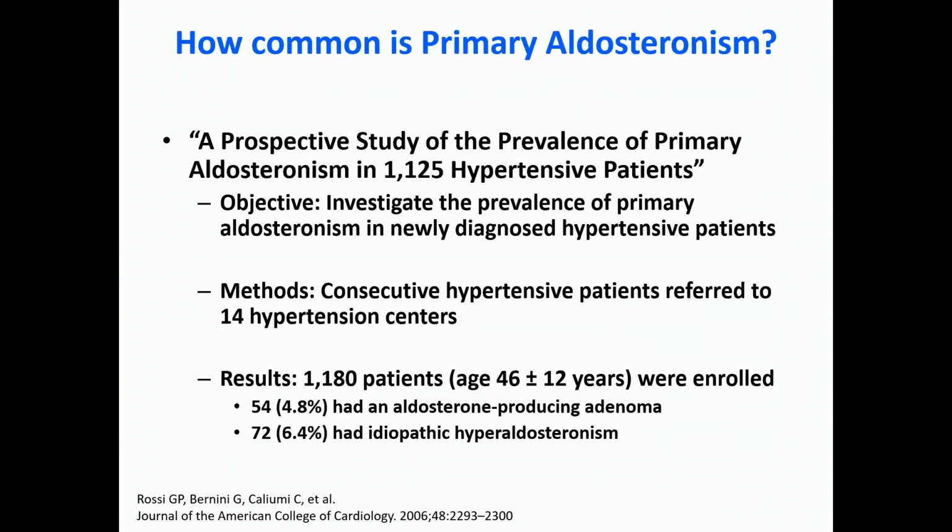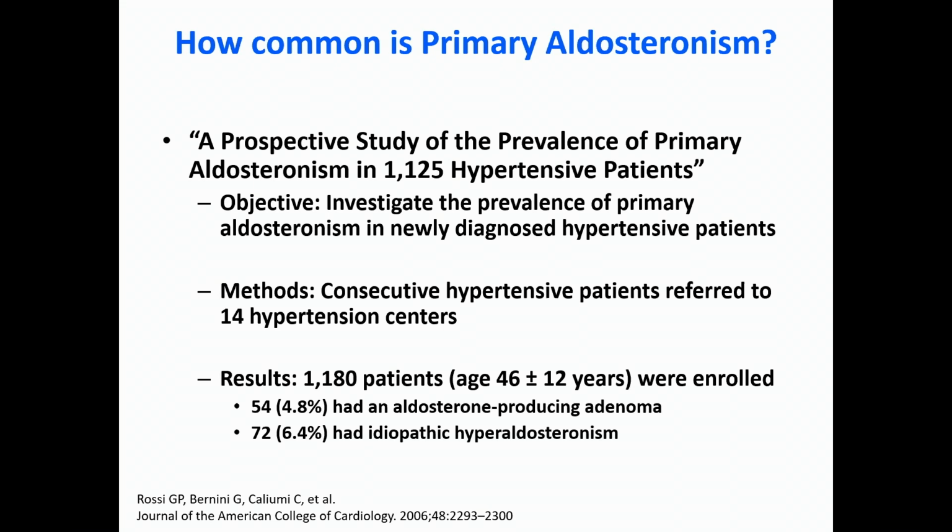I wanted to just show a study which focuses on how common primary hyperaldosteronism can be. This is a study of about 1,100 patients who have hypertension, and they wanted to look at the prevalence of primary aldosteronism in newly diagnosed hypertensive patients.